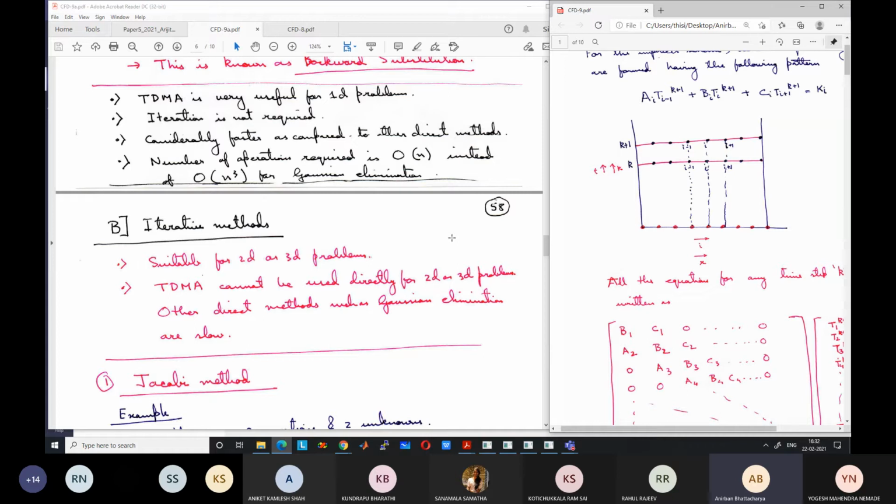Okay. So if for 100 grid points it was taking 1 minute to solve the 1D problem, for a 3D problem, how much time will it take using Gaussian elimination? Can anyone say? For the 3D problem, how many grid points are there? The 1D problem has 100 grid points.